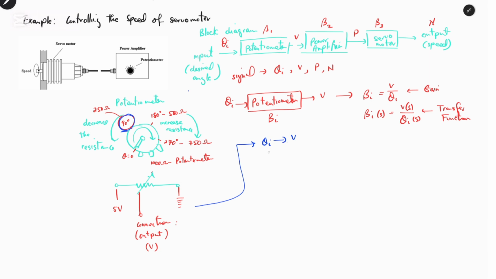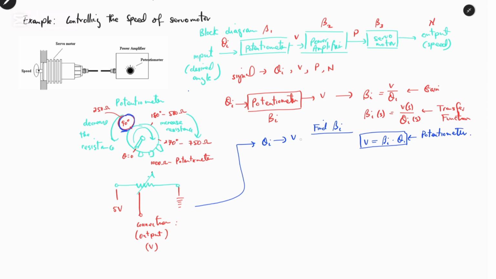What we are interested in is to find the gain, which is the beta I of this potentiometer, and how it relates to the angle of the knob. When we find beta, we can find the voltage output, which is equal to beta I times the angle theta. Now this will be our system equation for the potentiometer.